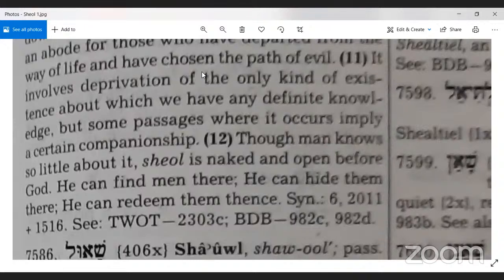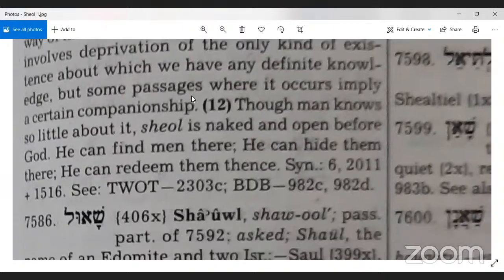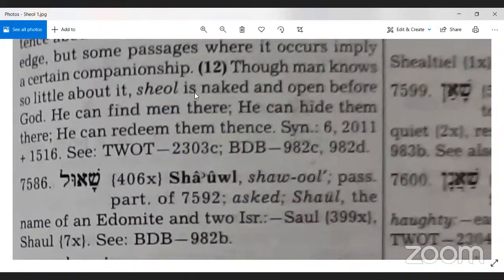Okay, 11. We're reading out of Strong's, correct? Correct. 11. It involves deprivation of the only kind of existence about which we have any definite knowledge, but some passages where it occurs imply a certain companionship. That goes back to the inmates, right? Okay, 12.